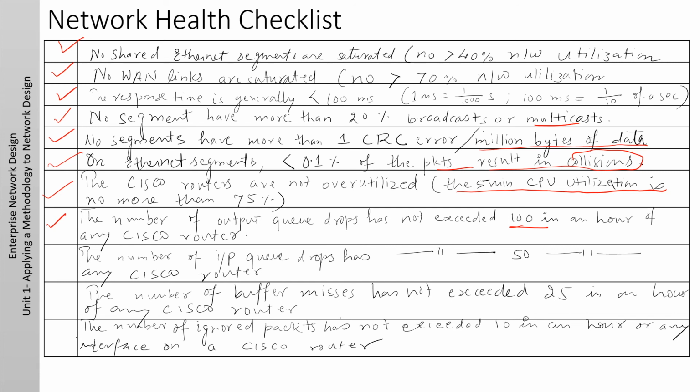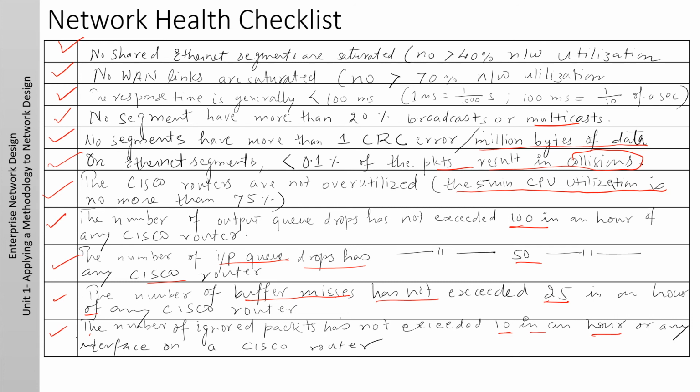Similarly, the number of input queue drops has not exceeded 50 in an hour on any Cisco router. Next is the number of buffer misses has not exceeded 25 in an hour on any Cisco router. And last but not least, the number of ignored packets has not exceeded 10 in an hour on any interface on a Cisco router.